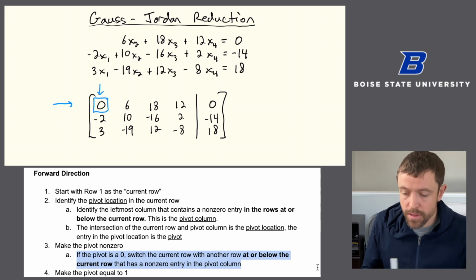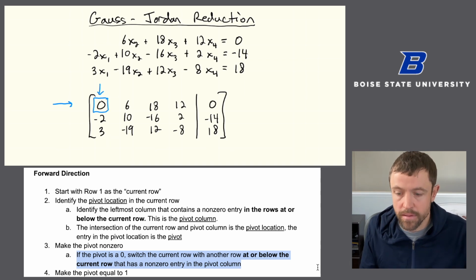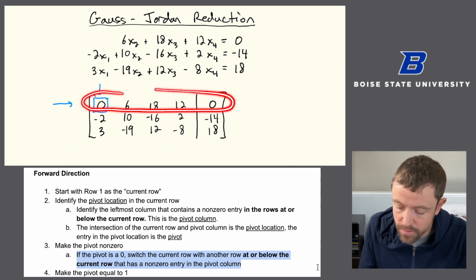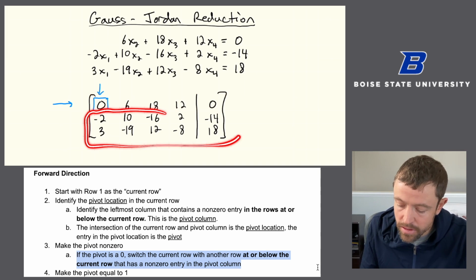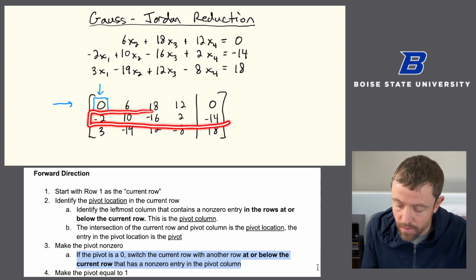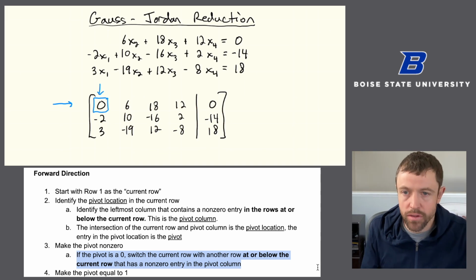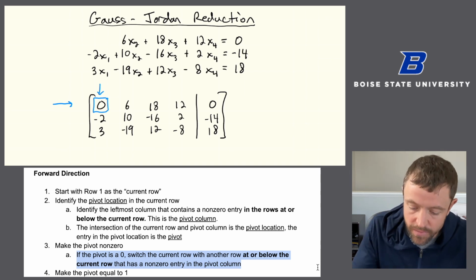So we want to switch this row with another row that's below it. I could switch it with either of these two. I'm going to choose to switch it with the second row because I know that'll work out nicer in this problem. But if you had chosen to switch it with the third row, this process would still be just fine.